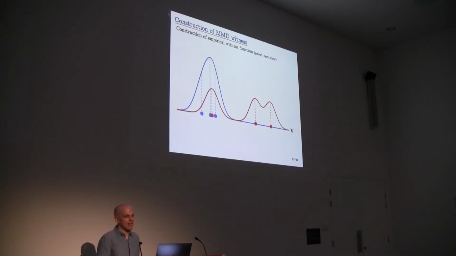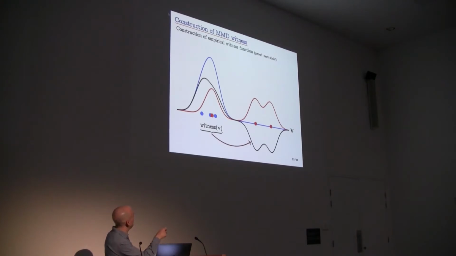I add the bumps together now. So I add all the blue bumps, I get this blue function. I add all the red bumps, I get the red function. I subtract the red from the blue, and that's my witness. So indeed, it has positive amplitude where there are more blue points, and it has negative amplitude where there are more red points. So I have just computed this function without ever having to deal with infinitely long vector features.